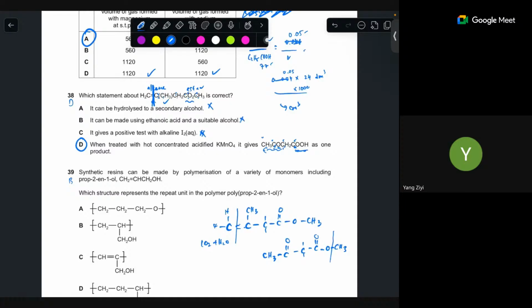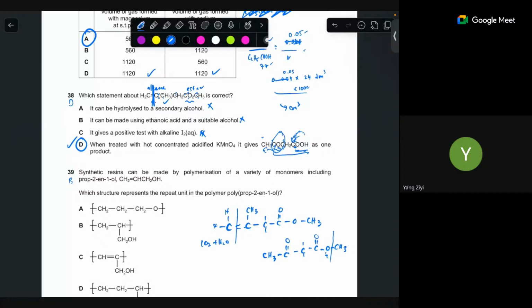So the answer is going to be D. They say it gives as one of the products. Then possible. Ketone is there. Only this part I'm confused. Ester oxidize, or because it reacts with acid, then possible.